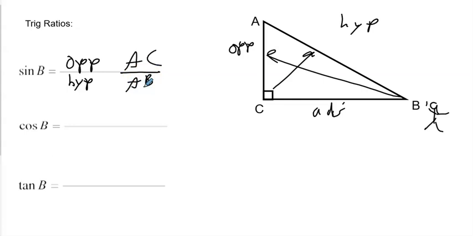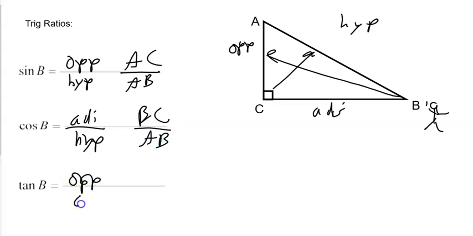Cosine, which is adjacent over hypotenuse, would be BC over AB, the hypotenuse. And tangent, which is opposite over adjacent, TOA, would be AC over BC.